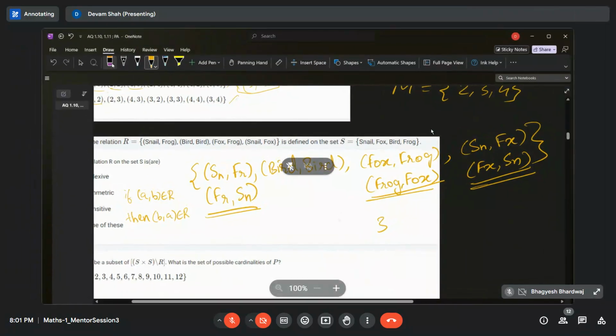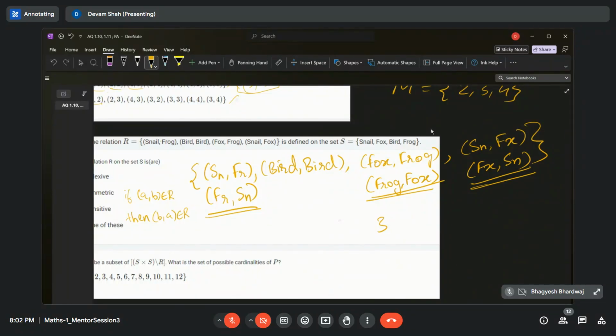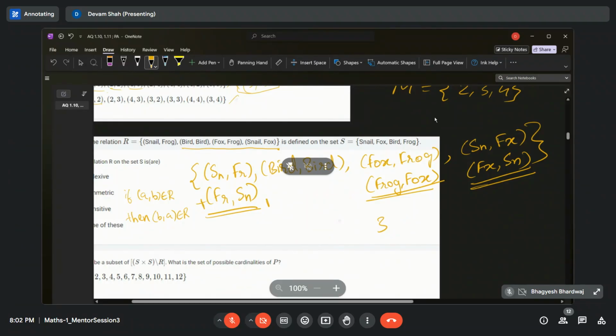Right. So we know this. So here you see snail, frog. Is there frog, snail in the relation here? No, right? So I add this term. So for now the count is one. Now this is symmetric to itself, so no need to add any. For this term, is there frog and fox here?